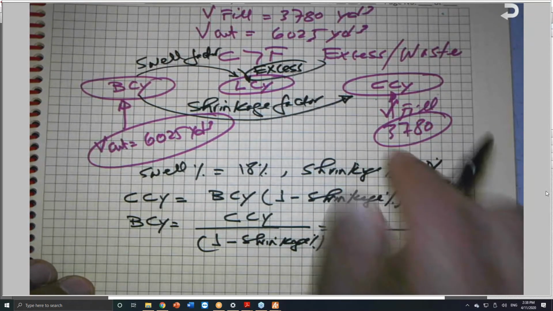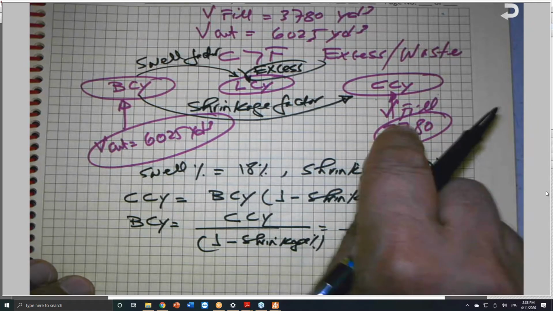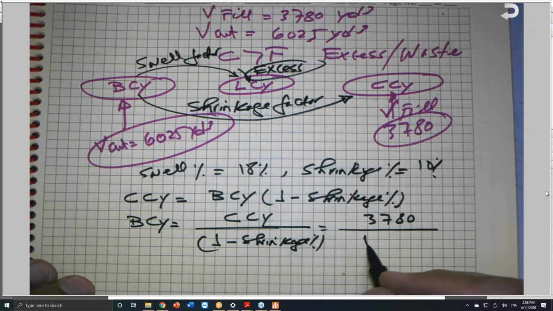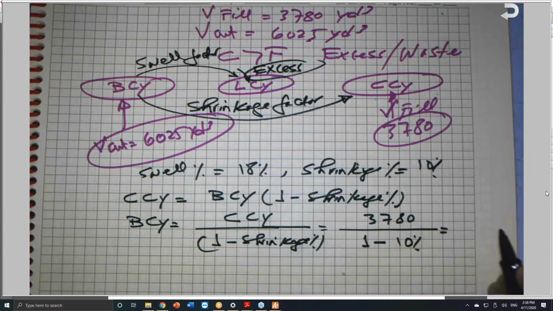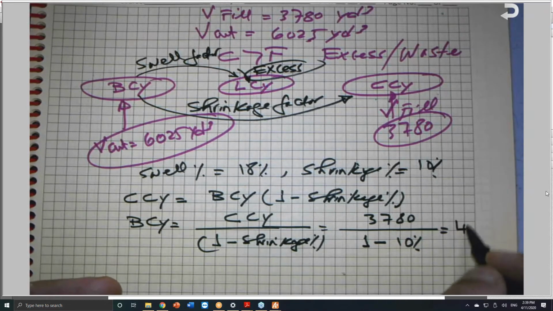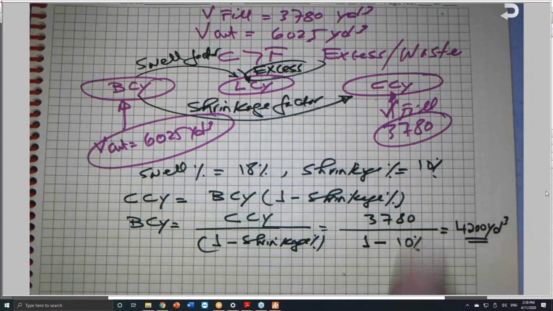I have 3780 divided by 1 minus the shrinkage percent, which is 10%. So this is 3780 divided by 0.9, which is 4200 cubic yard. So I convert this to this.